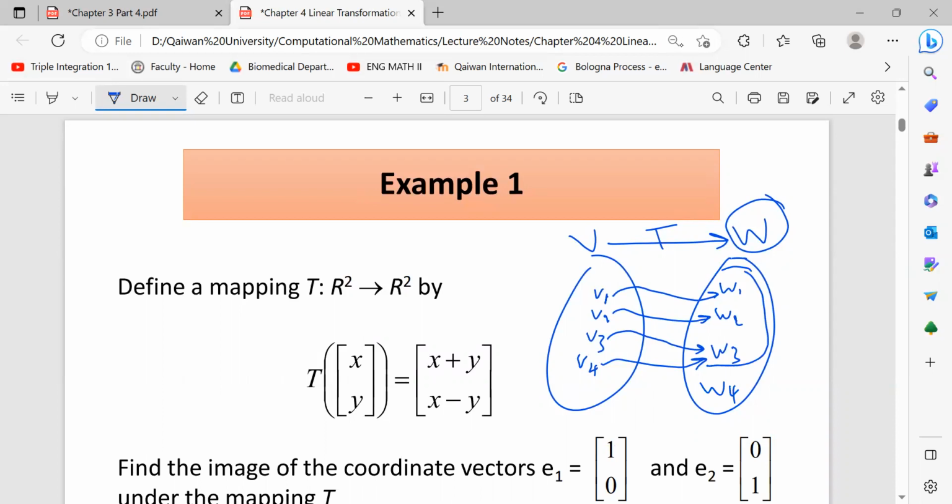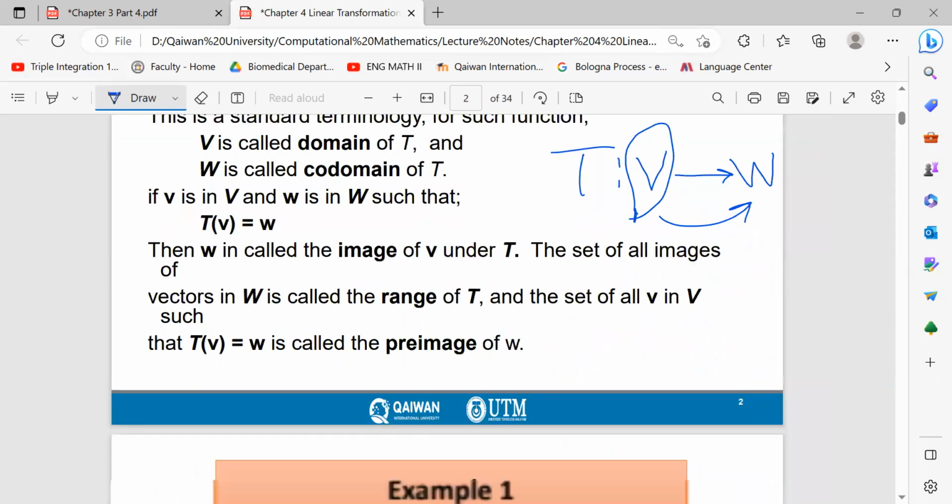The range is only those 3 elements, okay? But if these 2 are equal, that means if we have it like this, we say W is the range.